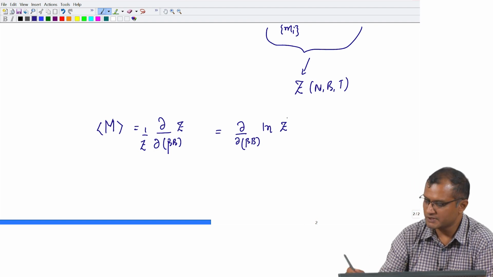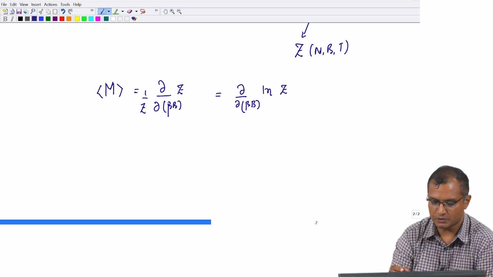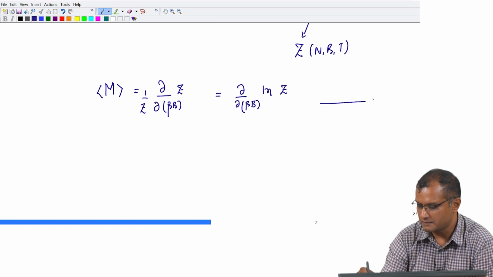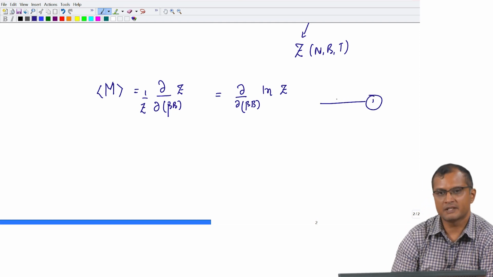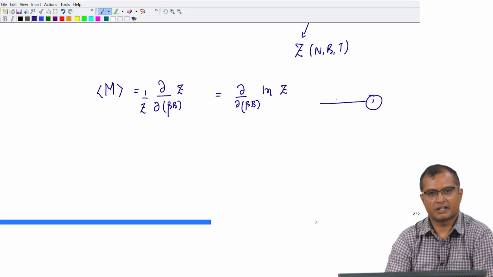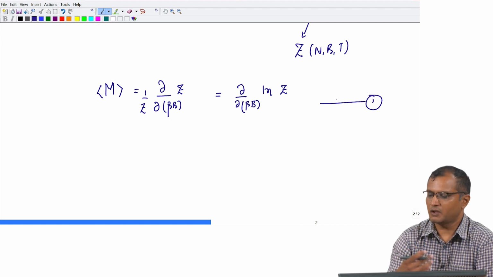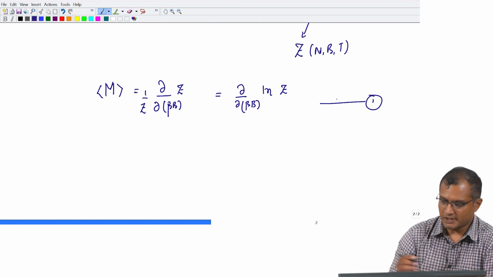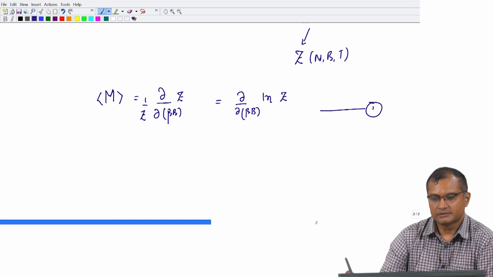So, just keep this result handy. I am just going to call this equation 1. Once we have the partition function with us, we can compute magnetization also, which is not on the cards, but it is a byproduct, you can use it. So, let us continue with our partition function.